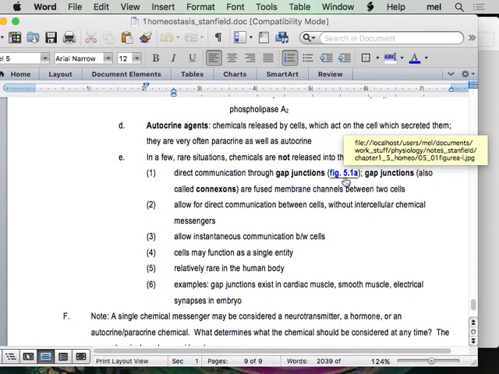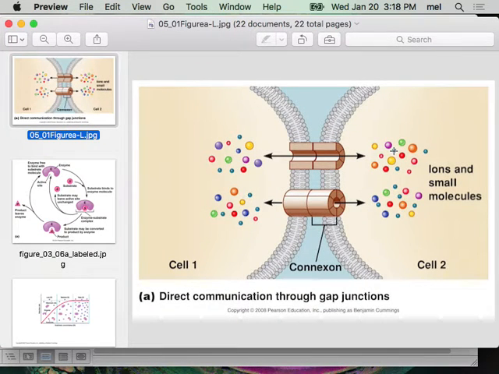If cell A and cell B are stuck together via gap junctions, which are just two channels that are actually stuck to each other, then cell A and cell B are going to have instantaneous communication with one another, but not varied communication, because cell B will always have to do exactly what cell A did, right? So you can't have them behaving differently if they're both stuck together and responding to the same chemicals.